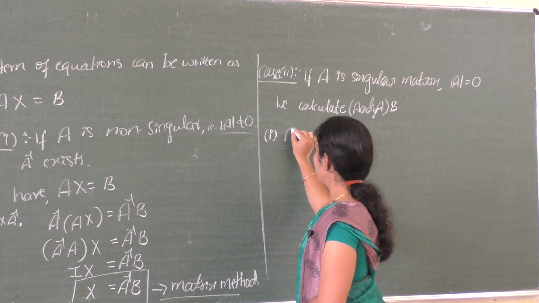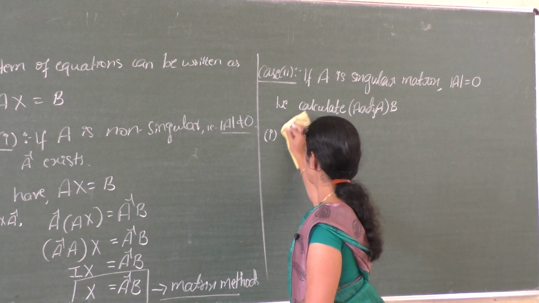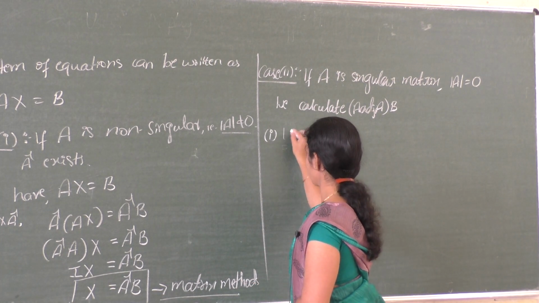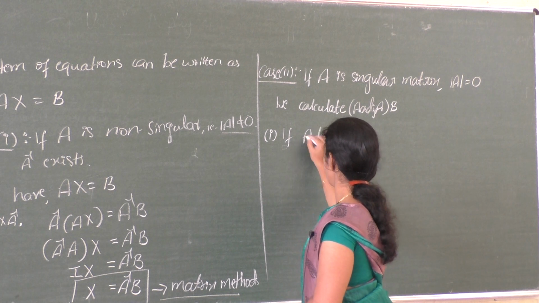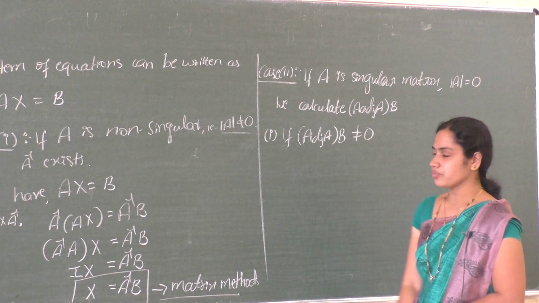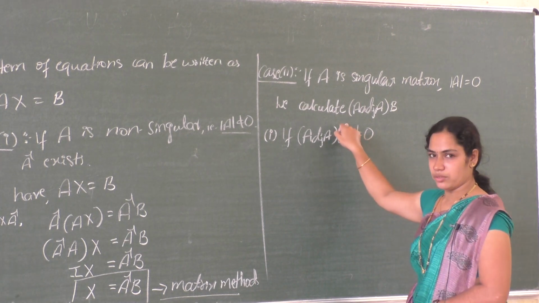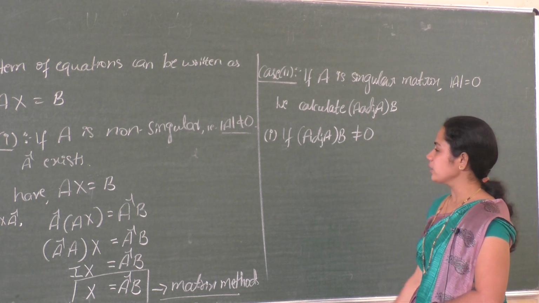In that, suppose adjoint of A into B is not 0, where A has the coefficient values and B is the constant values.